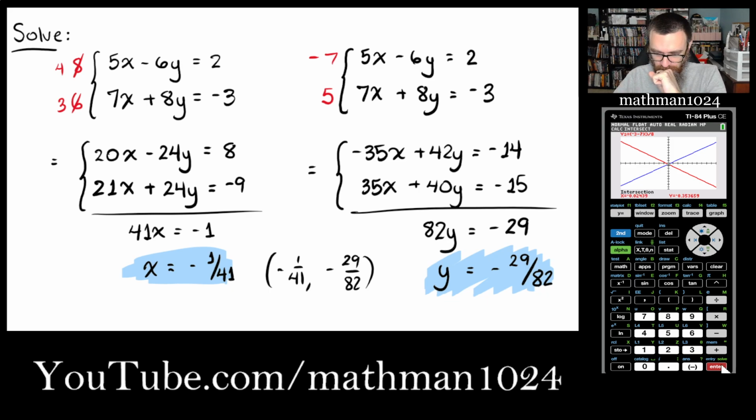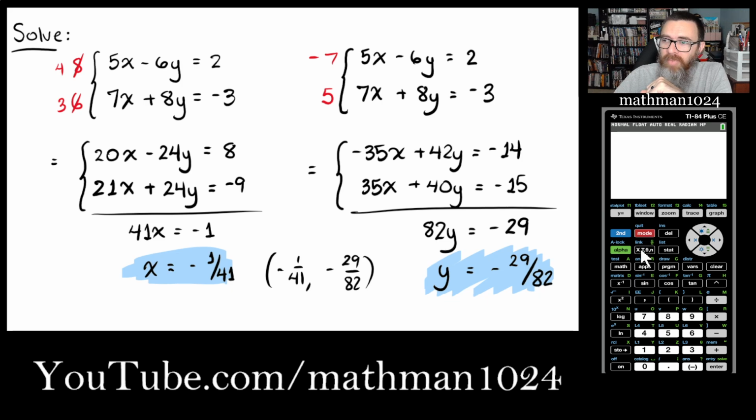Right now, the calculator has that decimal stored for x and for y. Don't clear anything, don't do anything other than pressing quit. So second, quit. Now if I bring up x, it's that decimal we just found on the graphing window. I can convert this into a fraction, and it tells me negative 1 over 41.